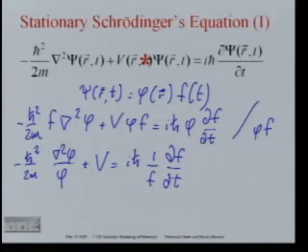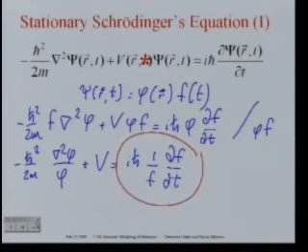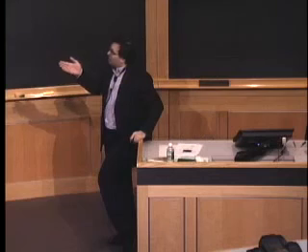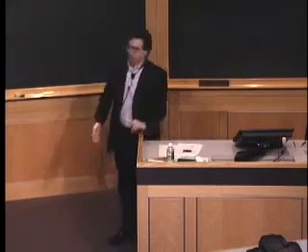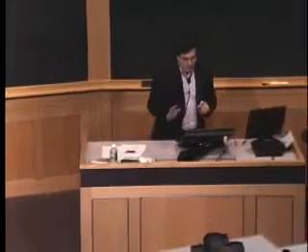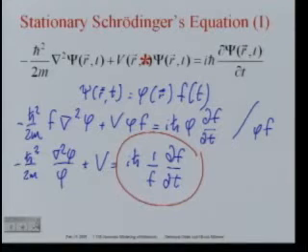Look for a moment at the right-hand side of this equation. It's just a constant, the Planck constant, i is the imaginary unit, times 1 over f df over dt. So everything written on the right-hand side depends only on time.